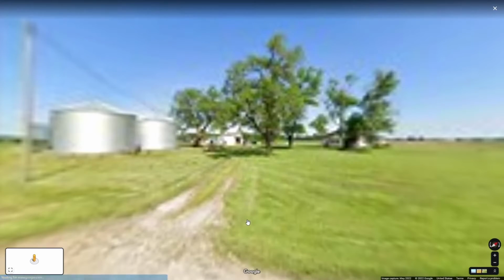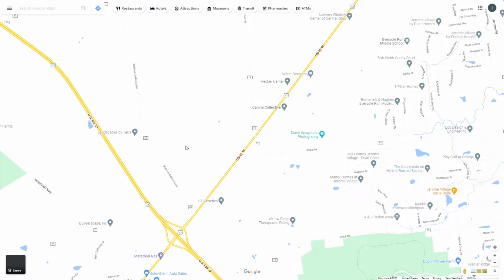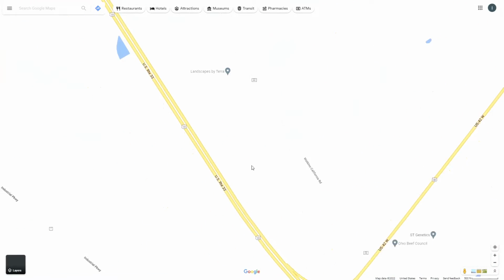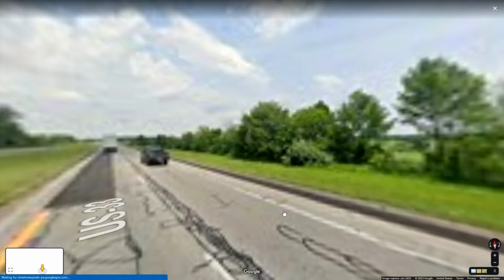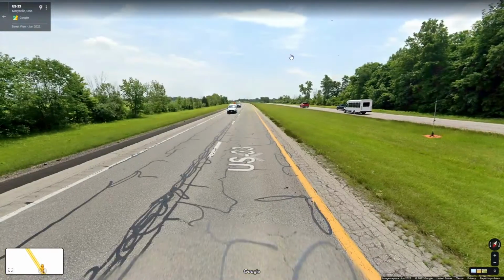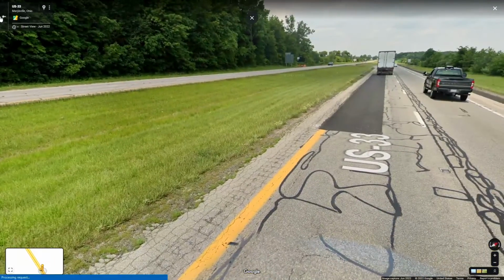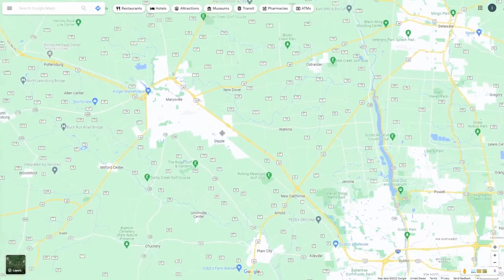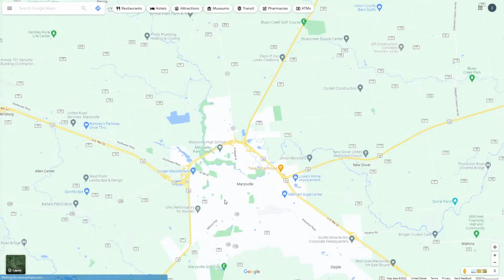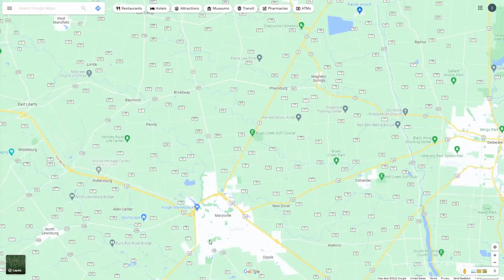If you look at Route 42, it's just a 2-lane road, just like that. But if we go to Route 33, right here, we can see that it's actually an expressway with exits and all that stuff. You can even see the exit signs in the distance. So they're pretty inconsistent with what they are. You have to watch out for that. Some of them might be highways, some of them might not be highways, so beware if you're on federal routes.